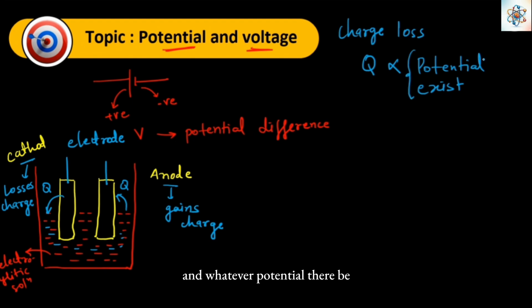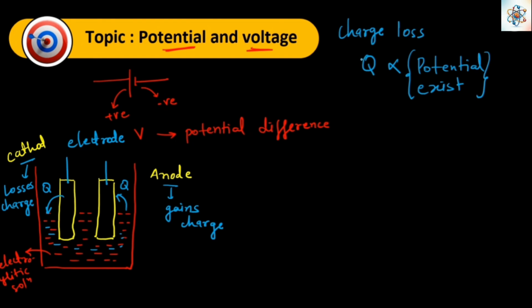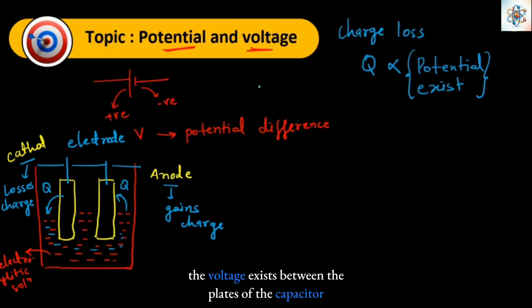Whatever potential there is between the electrodes, it only depends upon how much charge the electrode has lost. So this is how a cell works, and this is the voltage that exists between the plates of the battery.